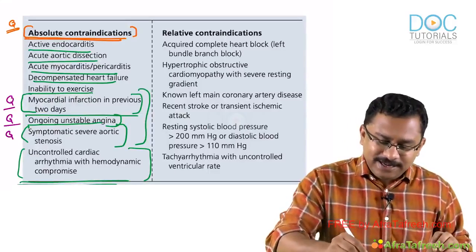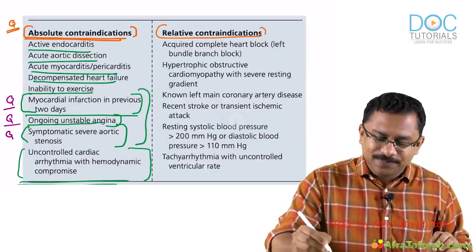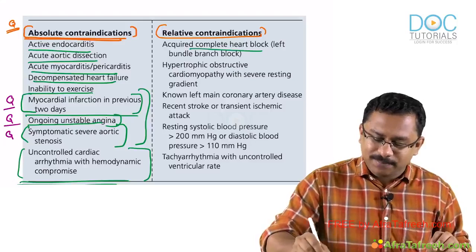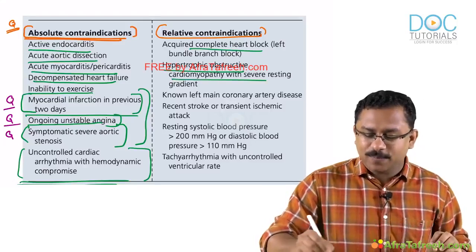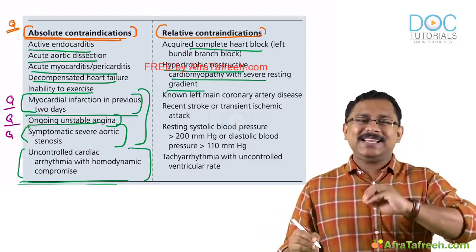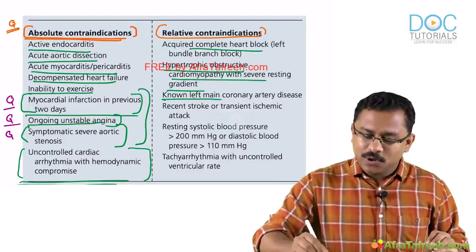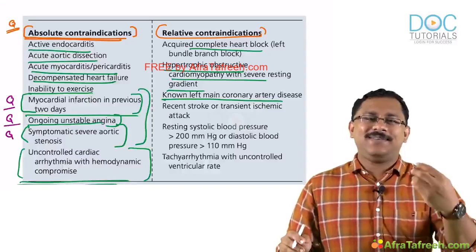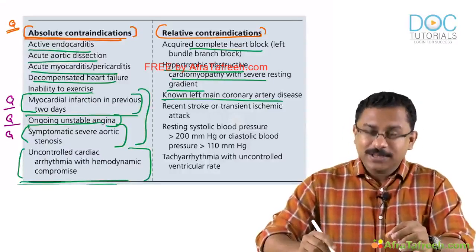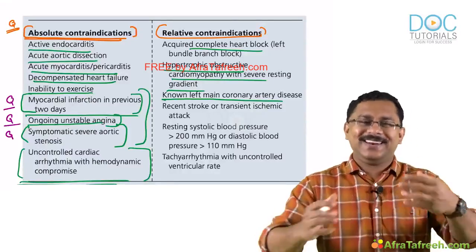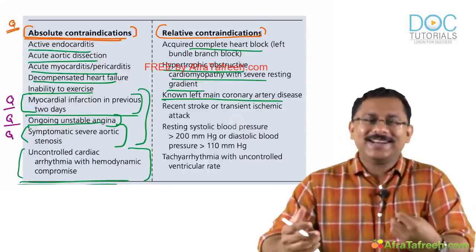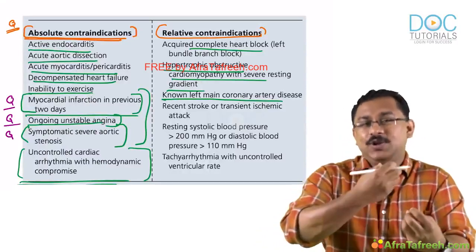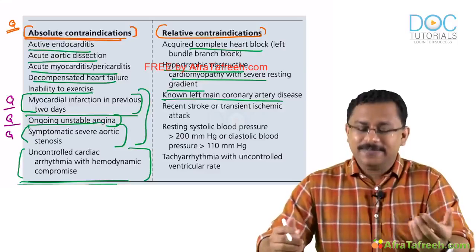There are various relative contraindications as well, like a complete heart block, hypertrophic cardiomyopathy with a severe resting gradient, then a known left main coronary artery disease, that is, he is already known to have main coronary involvement. It is such an important vessel. Again, you would not want to test that vessel, especially when you know it is already severely involved.